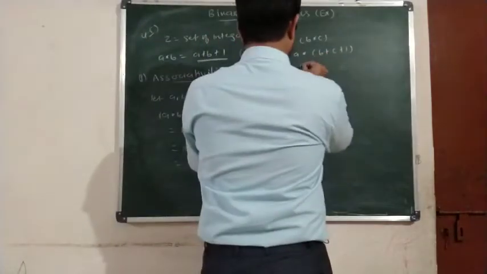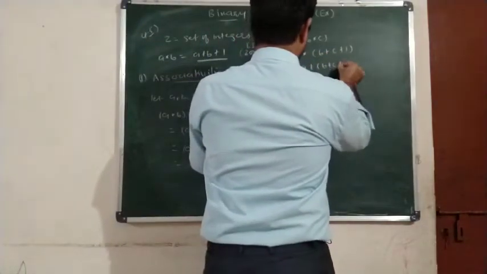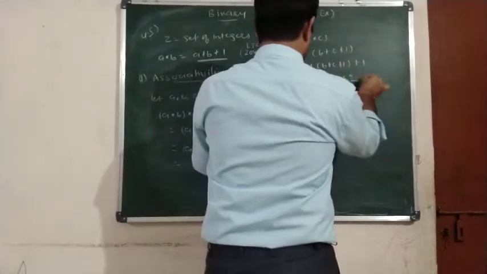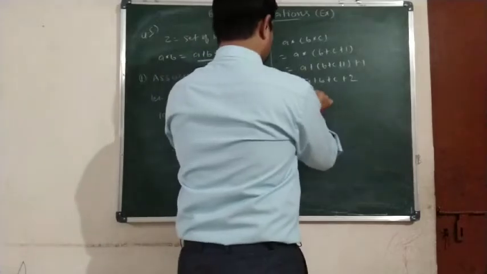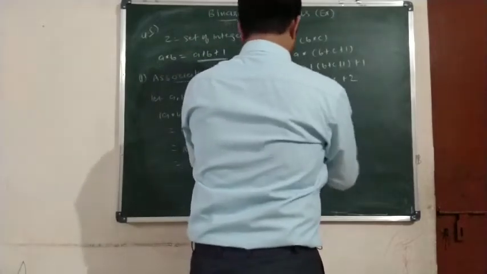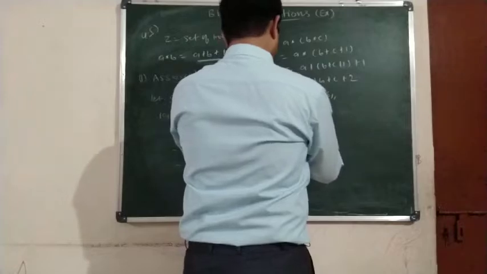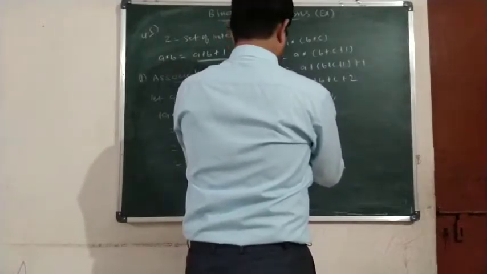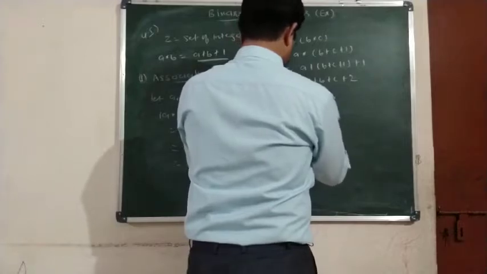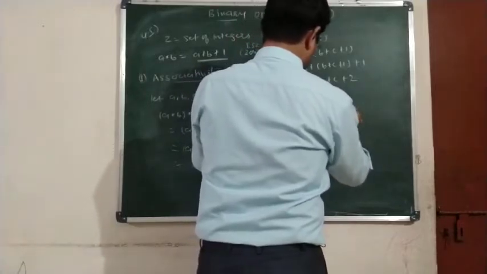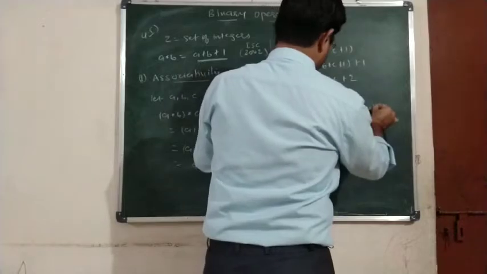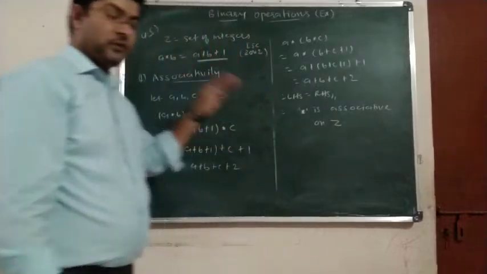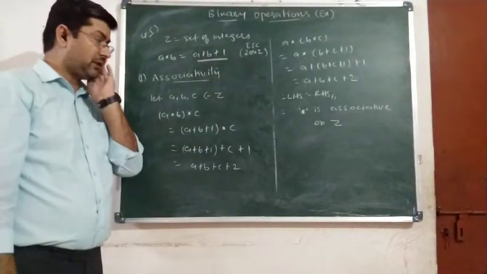So it will become A plus B plus C plus 1 plus 1, which is equal to A plus B plus C plus 2. Therefore LHS is equal to RHS, and therefore the operation asterisk is associative on Z. So far we have proved associativity.